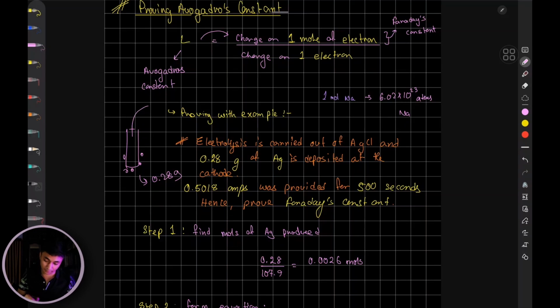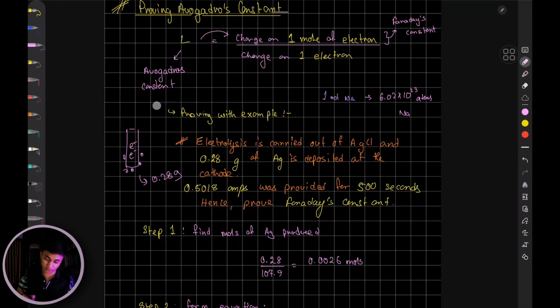Now for this to happen, you must have passed some amount of electricity, because in this case you are discharging the silver ions, you're providing a flow of electrons, right?